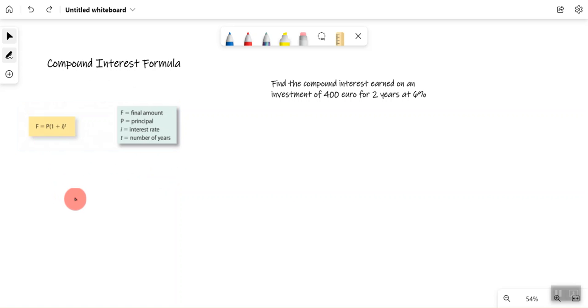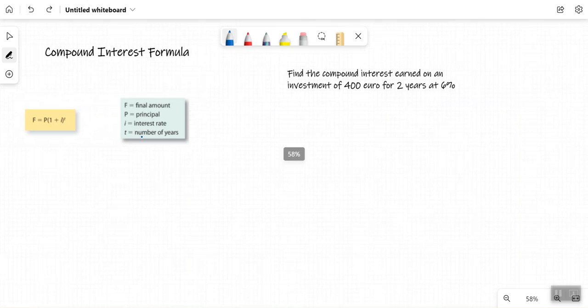So basically, let's say you had a bank account and you put in €100. So you earned €100 and you put it into a bank account at an interest rate of, let's say, 10% per annum.